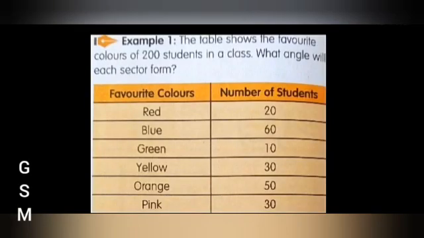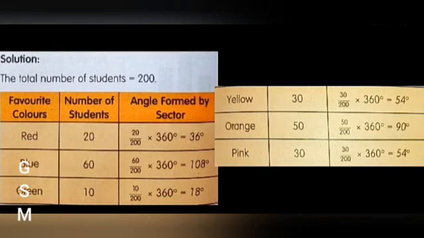Example, the table shows the favorite colors of 200 students in a class. What angle will each sector form? Here, the total number of students is 200. Red is the favorite color for 20 students. So, to calculate the angle formed by a sector, we use the formula number of students divided by total number of students into 360 degrees.